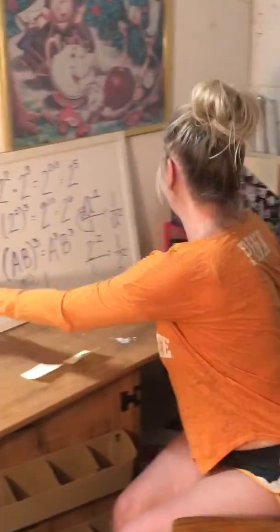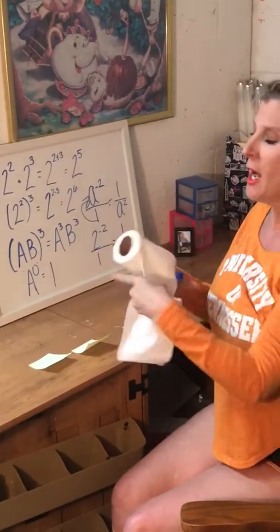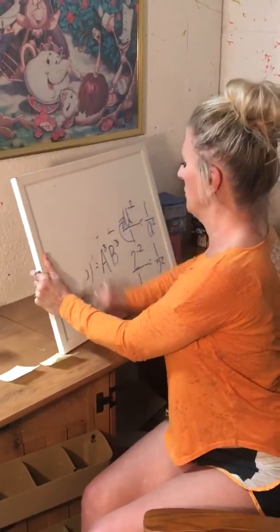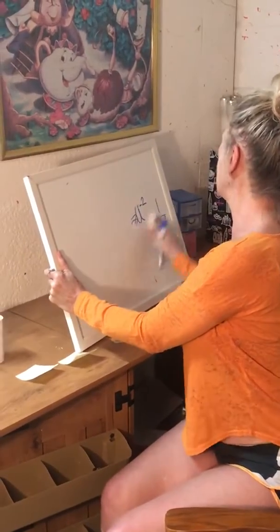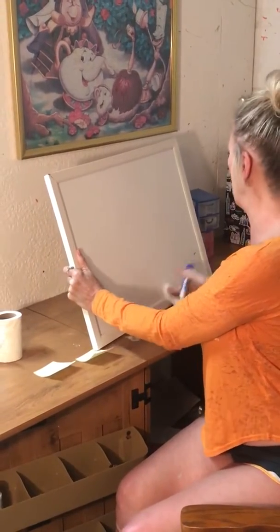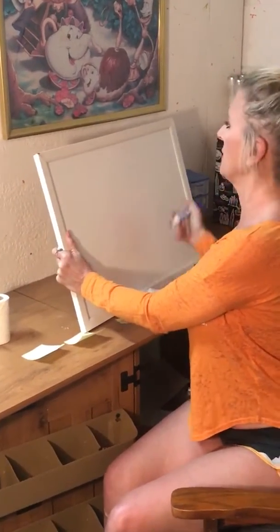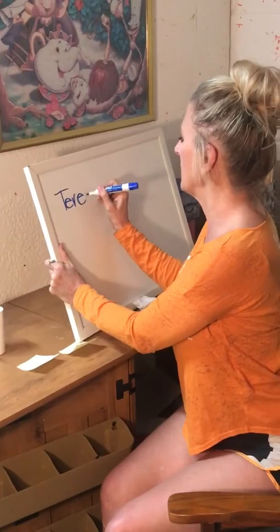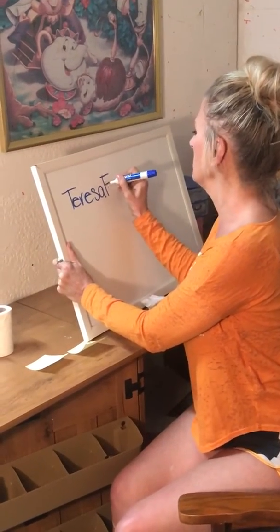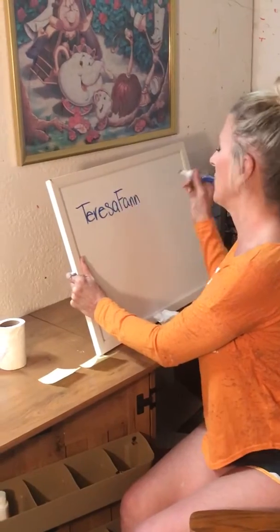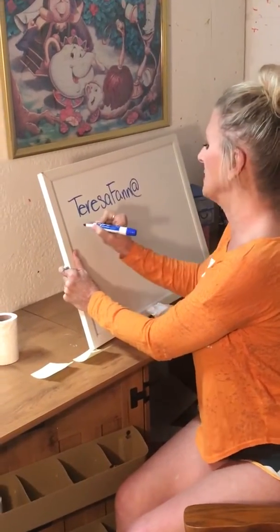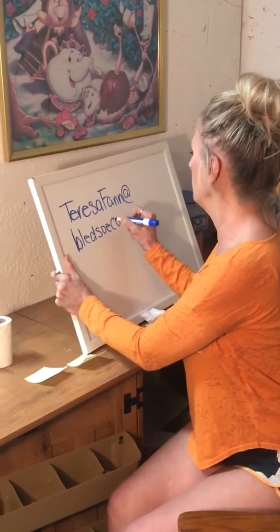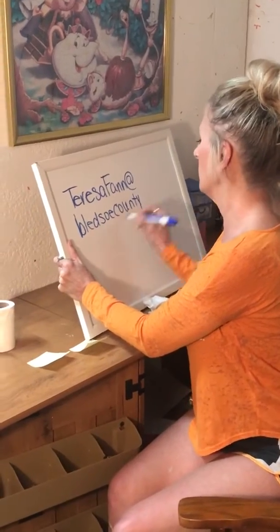So let me give you my email address. Look, guys, toilet paper. Oh, gold. It's golden. So here we go. Let me write this down for you. And if you didn't get those, just rewind, rewatch, whatever you can do on the YouTube video, and get those rules down. My email is Teresa Fan, and that doesn't have to be capitalized, by the way, just like you guys, at Bledsoe County Schools.